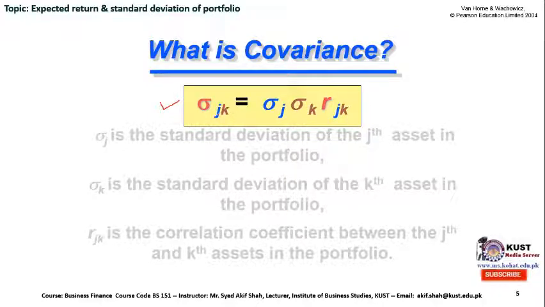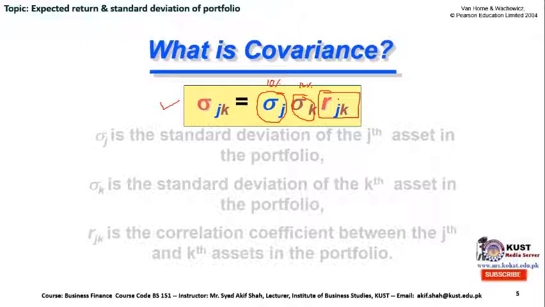Covariance between stock J and stock K is equal to the standard deviation of J stock, as explained in our previous lecture on how to calculate standard deviation. Let's suppose the standard deviation of J stock is 10% and that of K stock is, say, 12%. We multiply the standard deviations of both stocks and then multiply by the correlation coefficient. Now, what is the correlation coefficient? In our next slide, we will discuss it in detail.